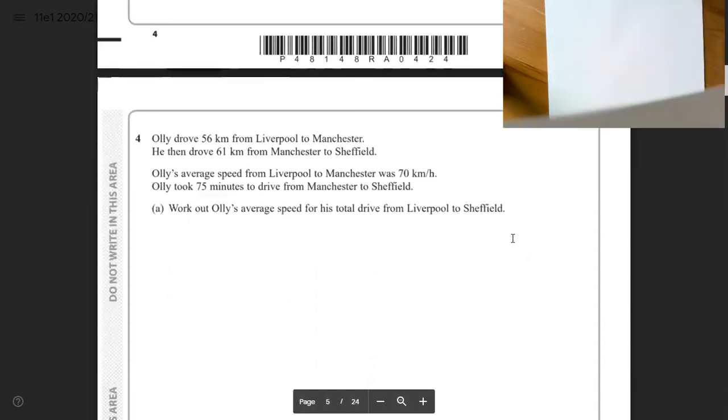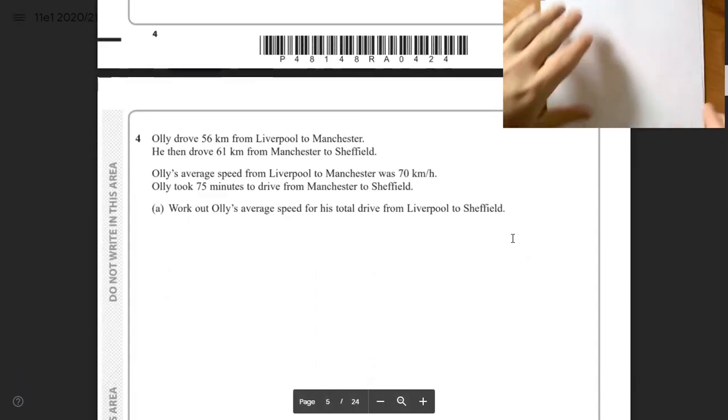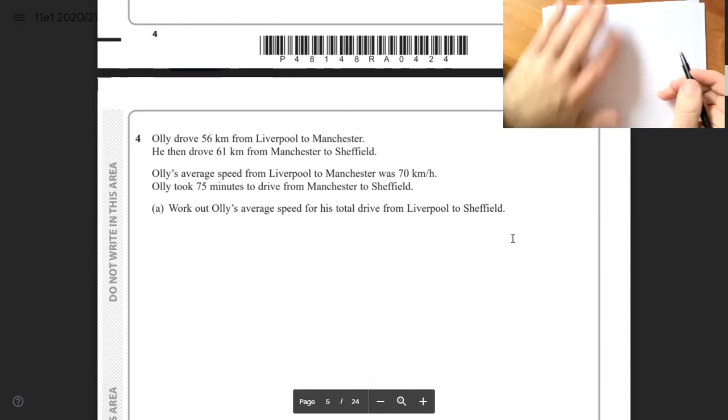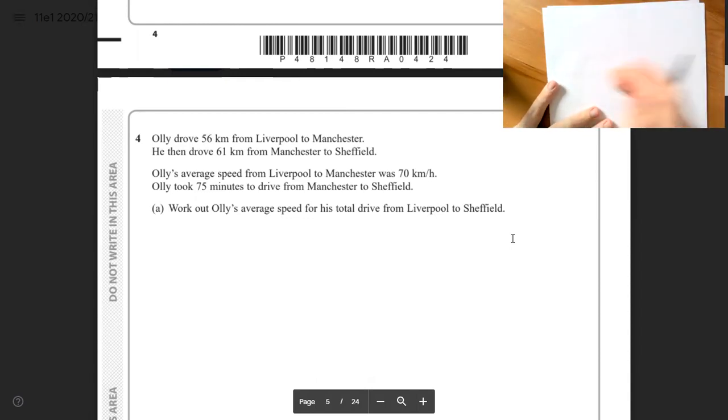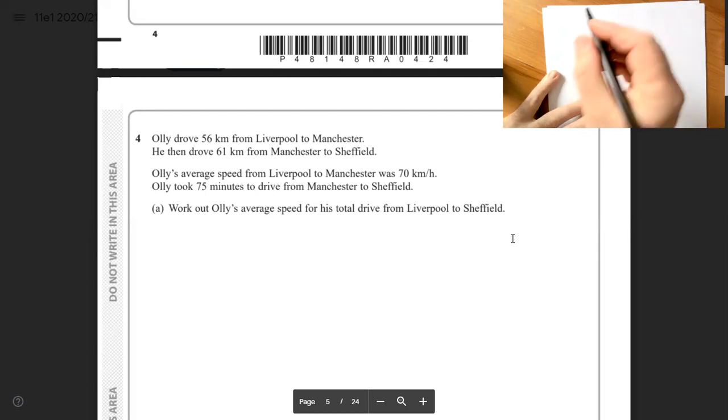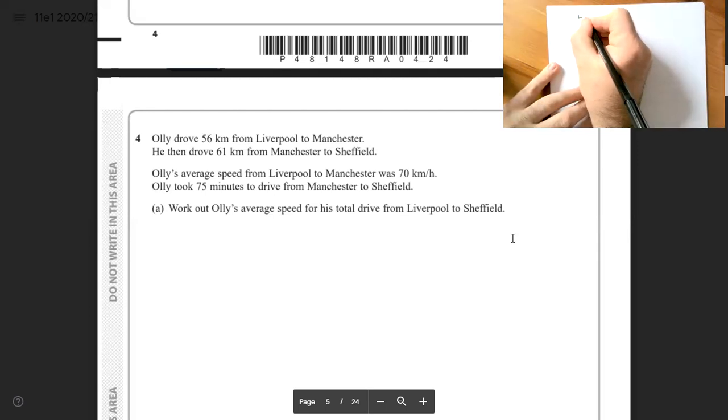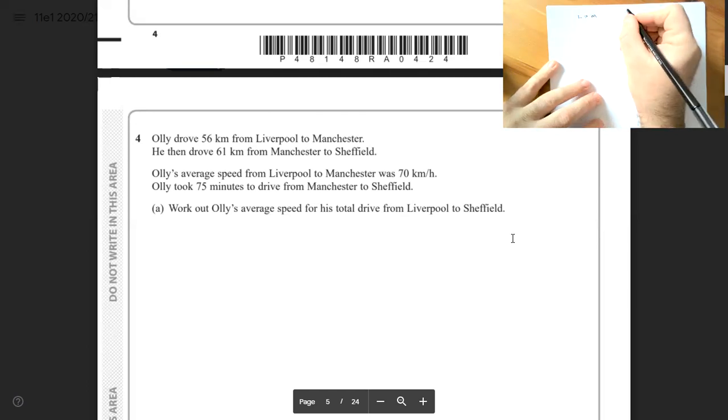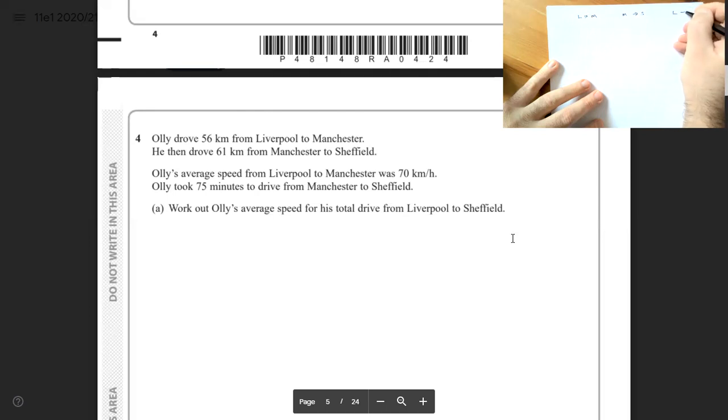Question number 4. Ollie drove 56 kilometres from Liverpool to Manchester. He then drove 61 kilometres from Manchester to Sheffield. Ollie's average speed from Liverpool to Manchester was 70 kilometres per hour. Ollie took 75 minutes to drive from Manchester to Sheffield. Work out Ollie's average speed for the total drive from Liverpool to Sheffield.